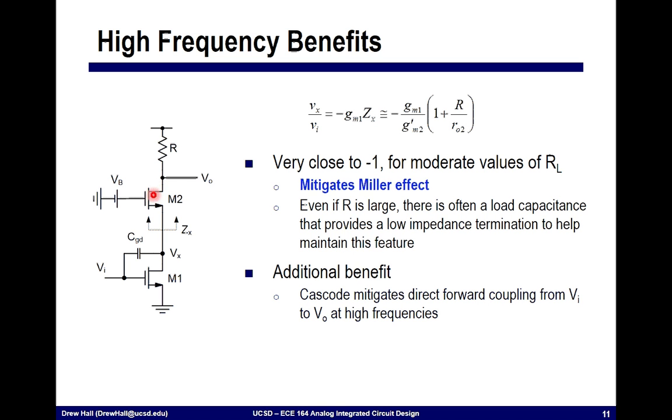The benefit that we got from that was we improved the frequency response substantially. That is, we mitigated the Miller effect, since this sees a very large impedance up here. We also got increased gain from this stage simply because we have larger output impedance. The gain of this entire stage is this compound GM, which we know to just be GM1, times the impedance that we see looking up here, which is R, in parallel with the impedance we see looking down, which is R naught. So it's R parallel R naught times this transconductance GM.